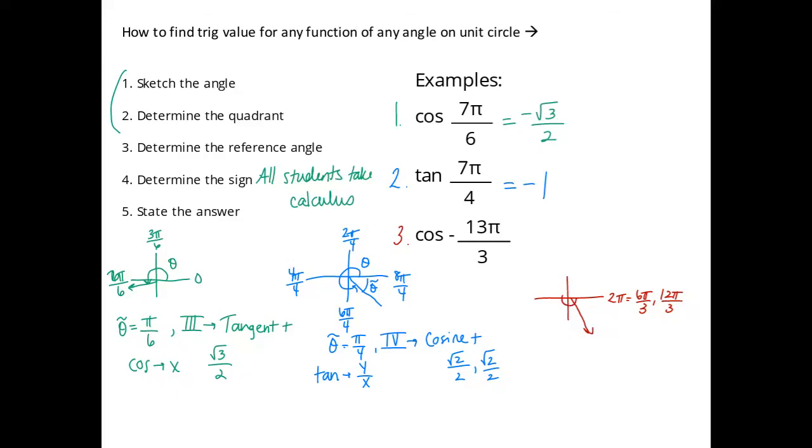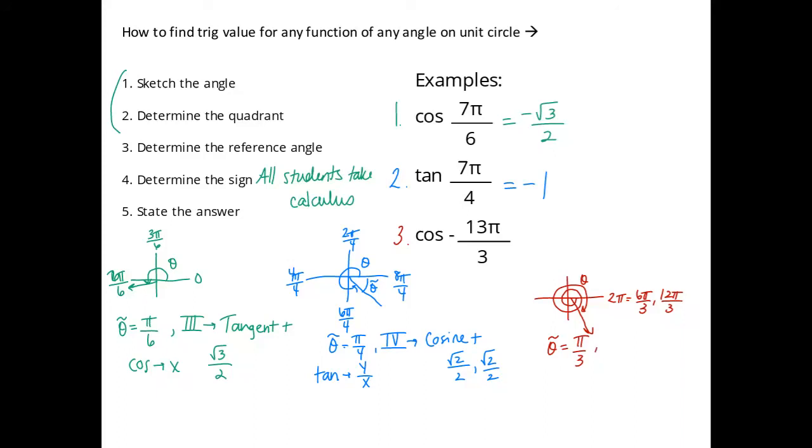So I'm going to rotate around twice and end here. So that's theta. Baby theta, or our reference angle, look at that denominator, is just pi over 3. And again, it was that excess where we were at 4 pi, and we added an extra pi over 3 to get to 13 pi over 3.